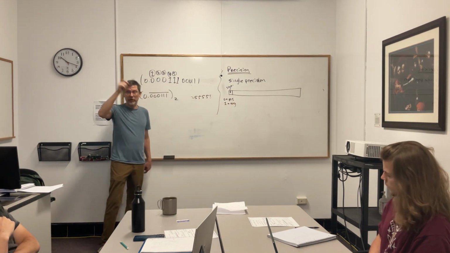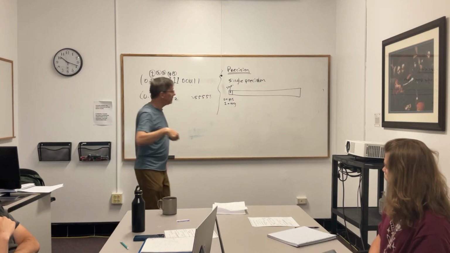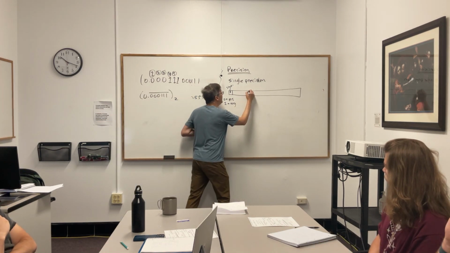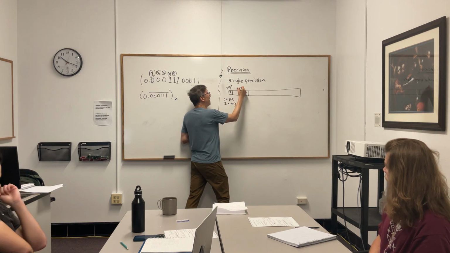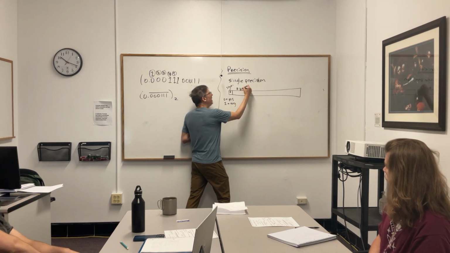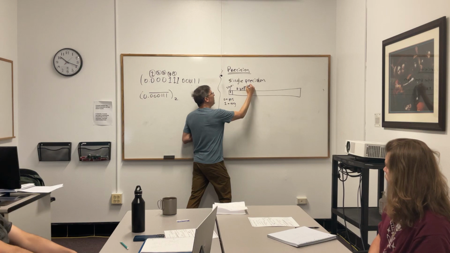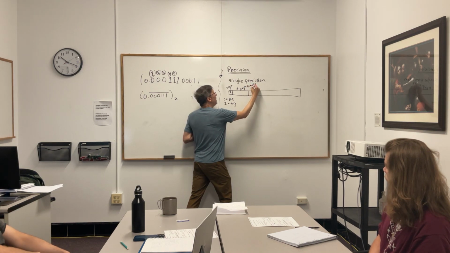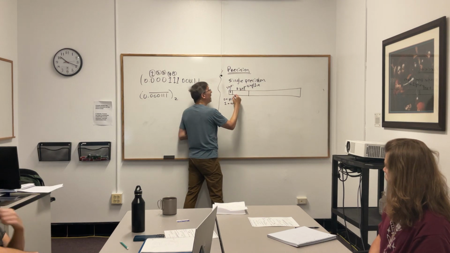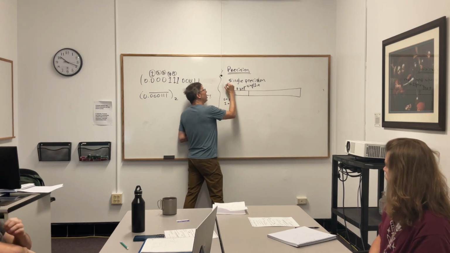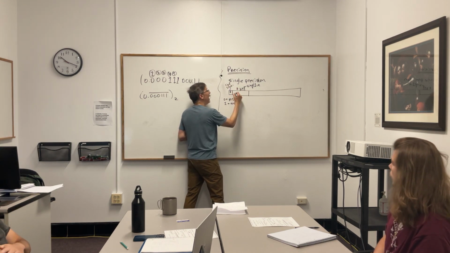So I flip that switch on if it's a negative number. The next digits here, there are 8 of those. So here we have 8 bits. A bit is just a binary place. So I have 8 bits here. This is for the exponent. That's the 1-bit sign. Here I have the exponent.